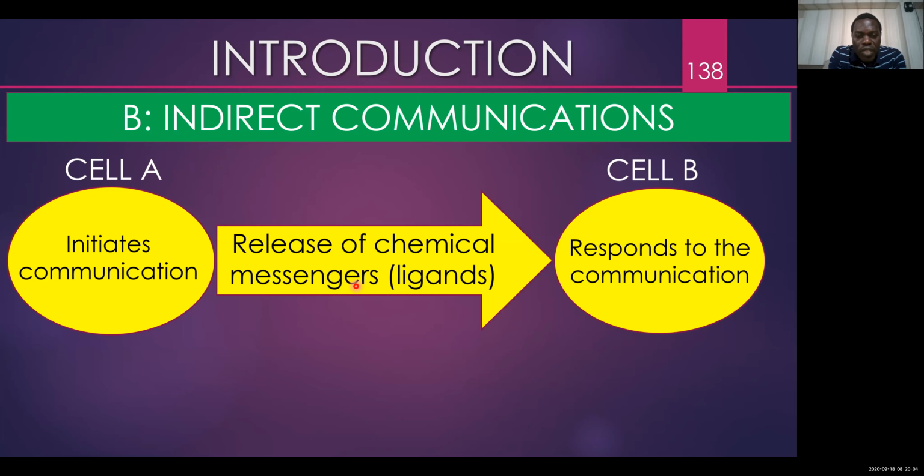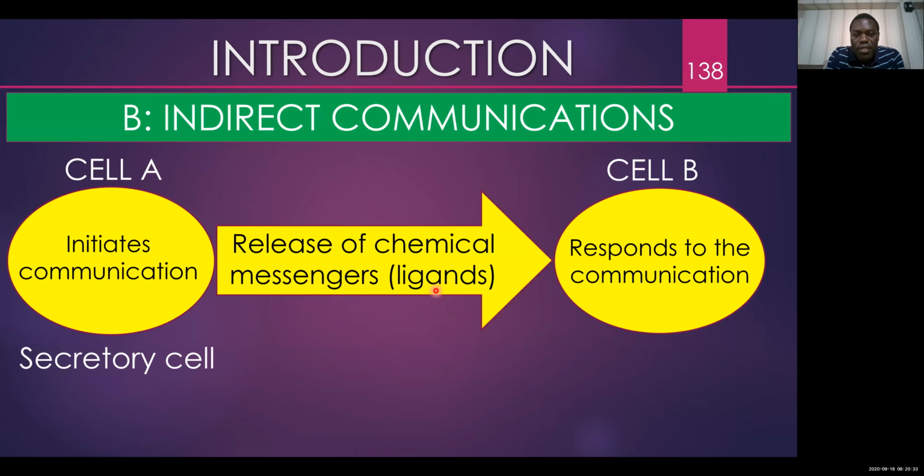Now, the term given for chemical messengers is ligand. So a ligand is a chemical messenger. Now, let's define some terms therefore. The cell that initiates communication is the one we call the secretory cell, because it is the one that releases the chemical messenger.